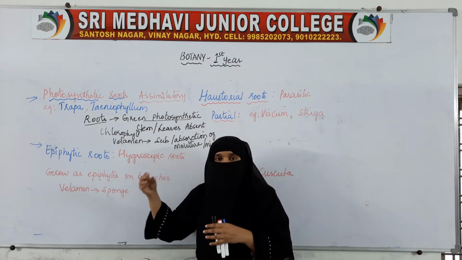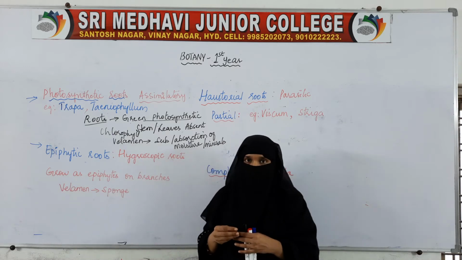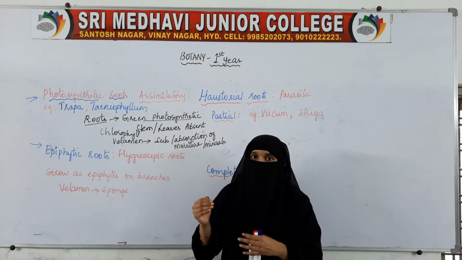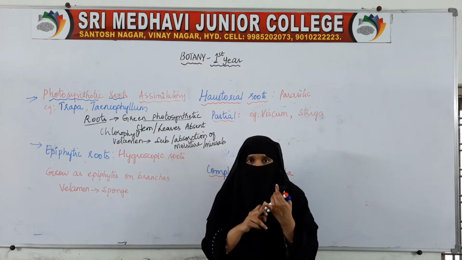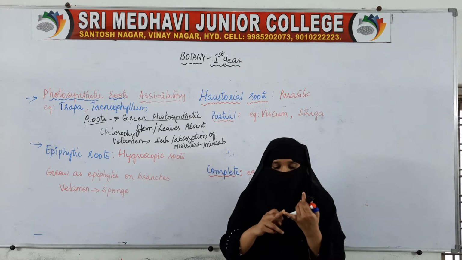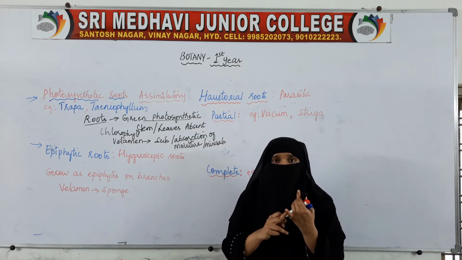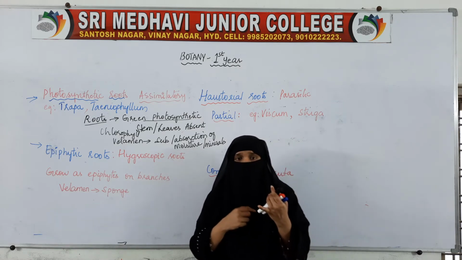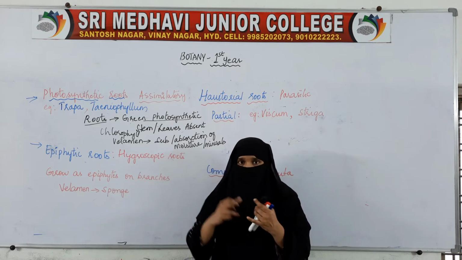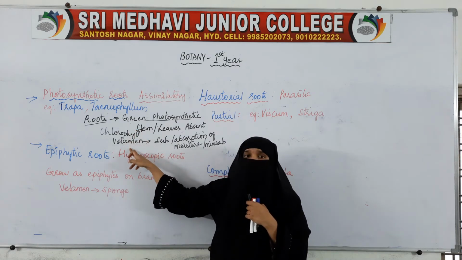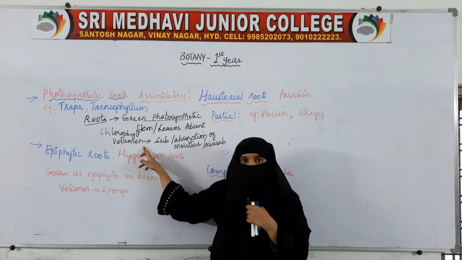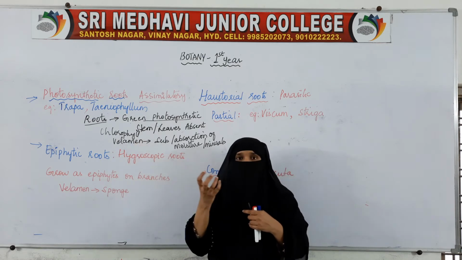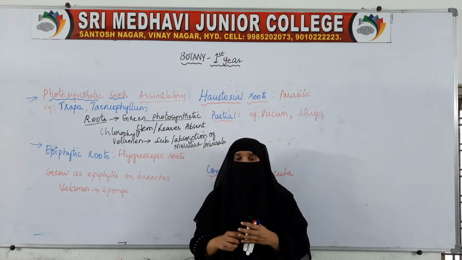This velamen provides moisture, that is, water will be given to the plant. Plants require water and minerals, and to perform photosynthesis they require chlorophyll. So the root has all the things. It has chlorophyll to perform photosynthesis, and it has velamen which can absorb water and minerals.